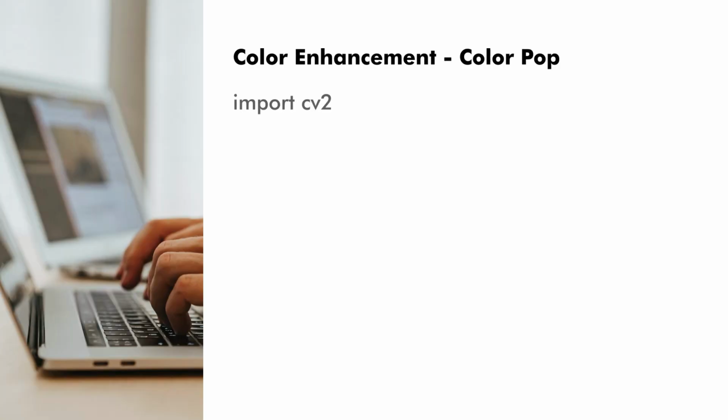In color enhancement, another method is color pop. The color pop effect basically aims to make certain colors stand out while keeping the rest of the image in black and white or desaturated with different tones. This is the code you can implement on your system.